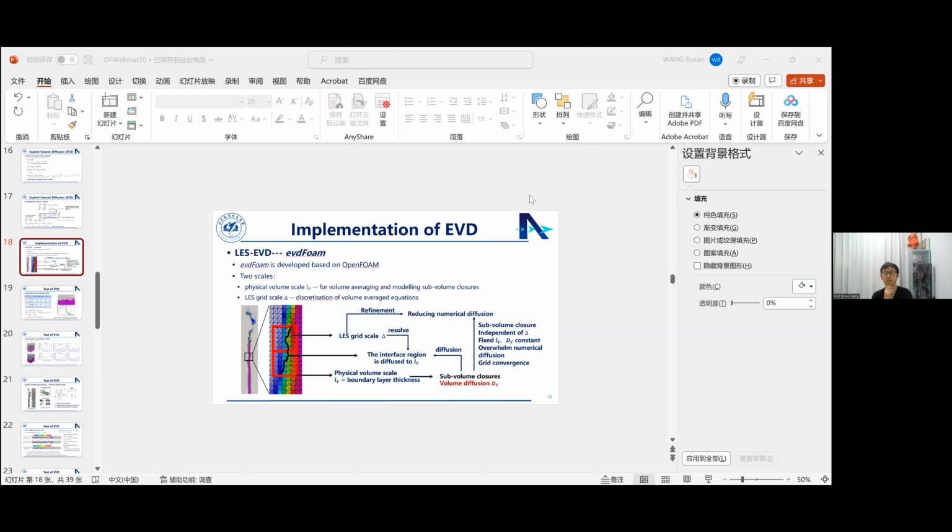As I know, OpenFOAM provides a compressibleInterFoam, but for our case, I would say for this model, there are still some issues with the compressibility of the flow coupled with the interface.